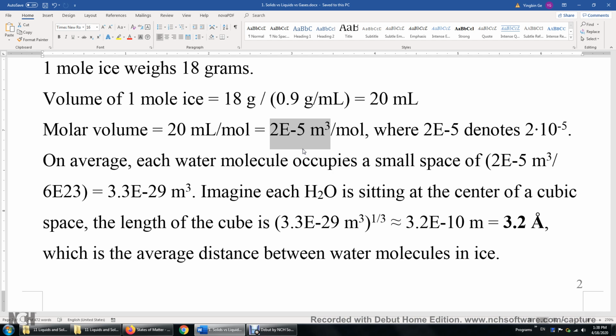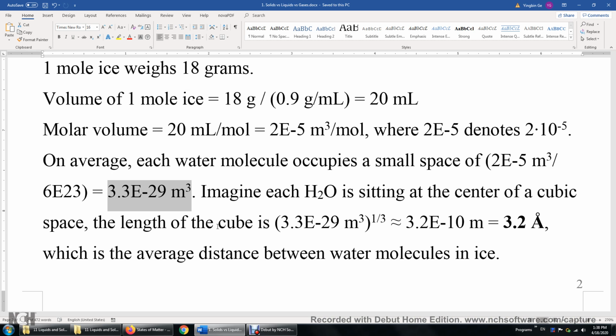The number of water molecules is 6 times 10 to the power of 23. So after we do this division, we get the average volume or average space occupied by 1 water molecule. It's a very small number. It's 3.3 times 10 to the power of negative 29 cubic meter.